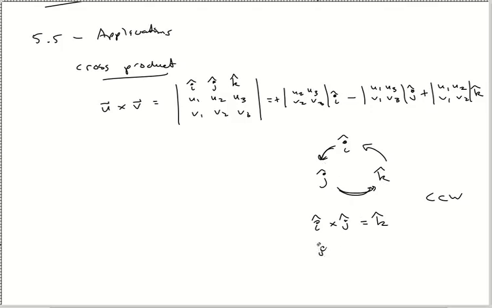These are very important. And lastly, I cross I, you never really move anywhere. You just come back to itself. Therefore, you get 0 out of that. Now, is that a 0 vector or a 0 scalar? It's just 0. Okay, so that's my little talk about the components stuff.